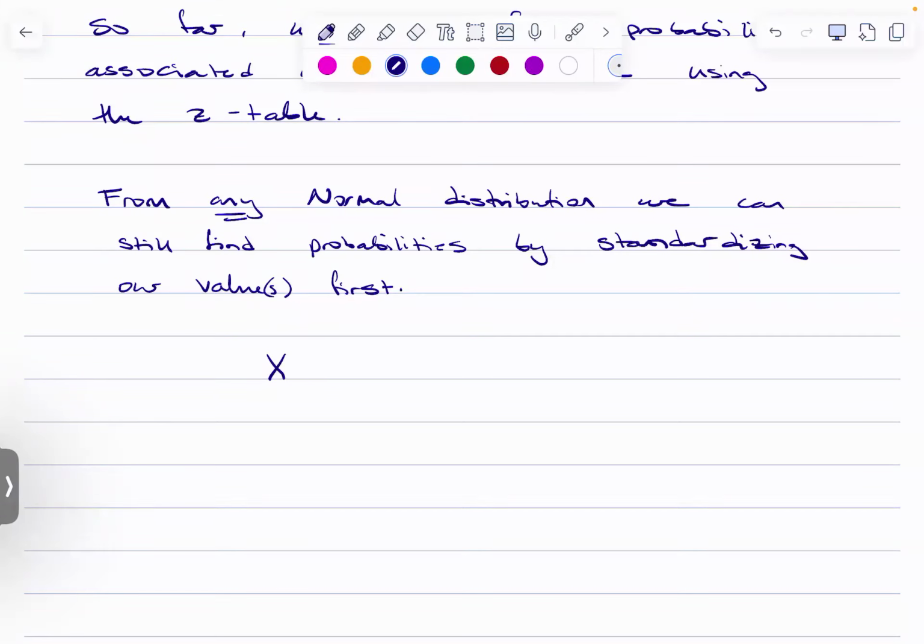If X, so SAT scores or ACT scores or whatever, follows a normal distribution with a mean of mu and a standard deviation of sigma, then you have some observed value that you're interested in, right? Finding the probability of some value.